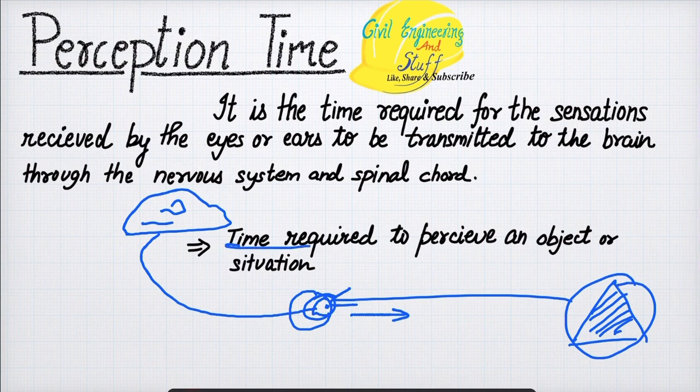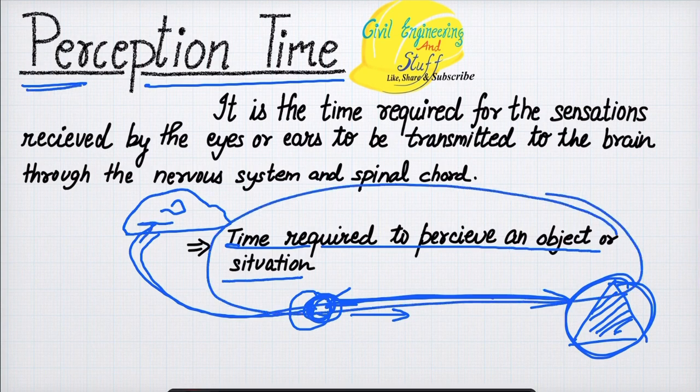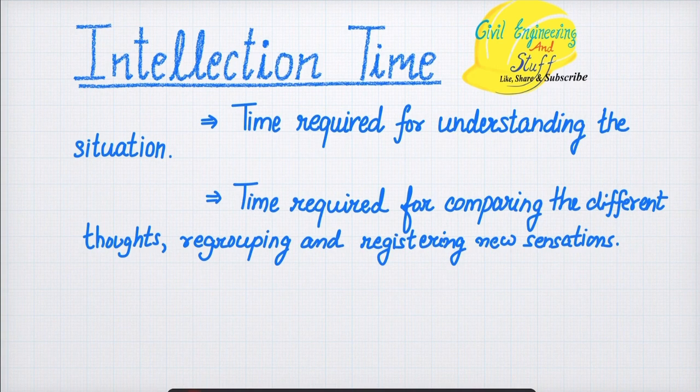So the time required to perceive an object or a situation is what is called the perception time, right? That split second where the eyes of the driver observe the obstruction and the signals are sent to the brain, that small amount of time is what we call the perception time.